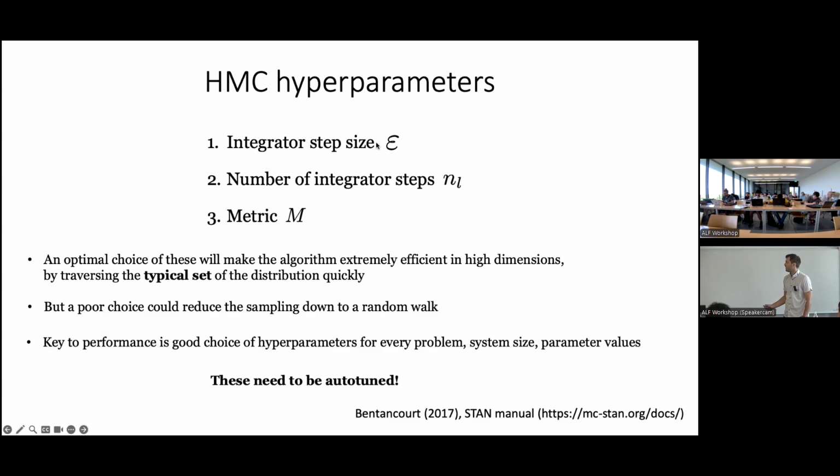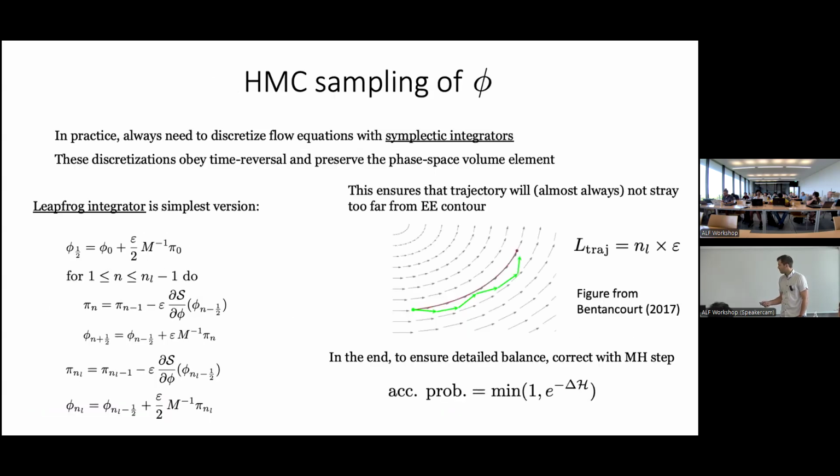These 3 are the integrator step size, epsilon, the number of integrator steps that you take, L for leapfrog. Remember that the product of these 2 gives you the length of the trajectory.